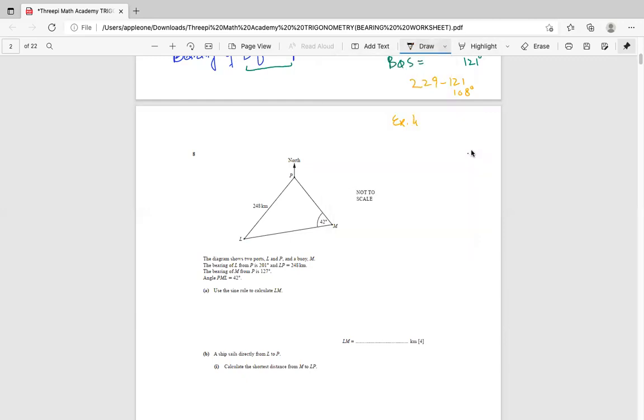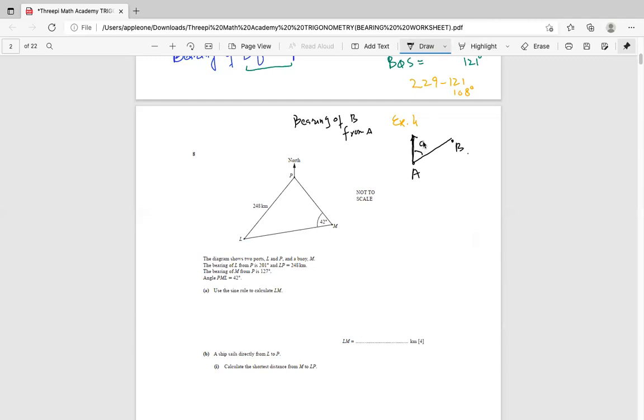See here. I'm making point A here and point B here. They gave us an angle. Look here. They say the bearing of B from A is 50 degrees.